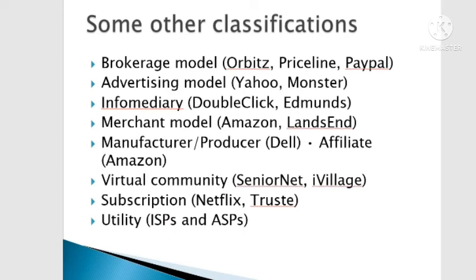For example, we have the brokerage model. Brokerage model means here you are acting like an intermediary. Intermediary means you are getting information or services from one place and transferring it to another place. For example, PayPal क्या करता है, उनके पास अपना कोई बैंक नहीं है.